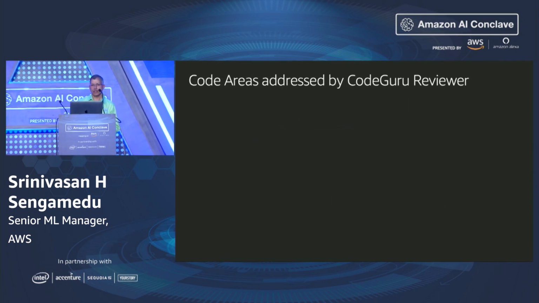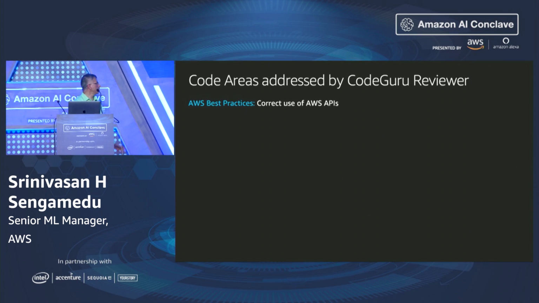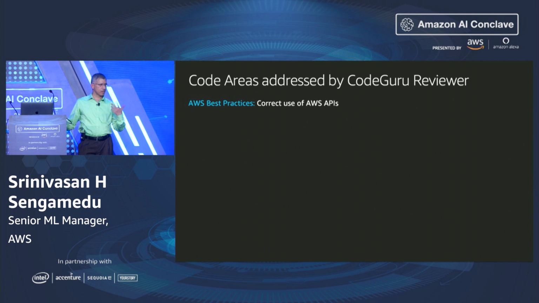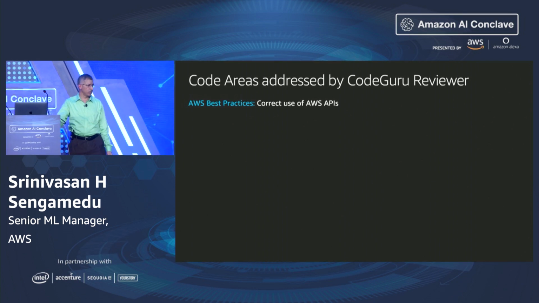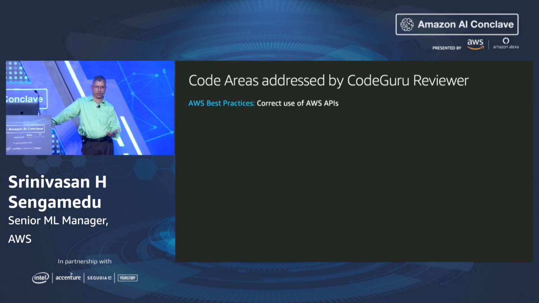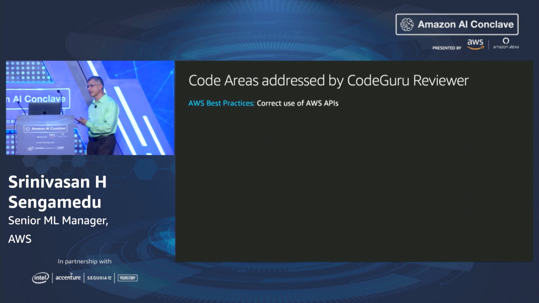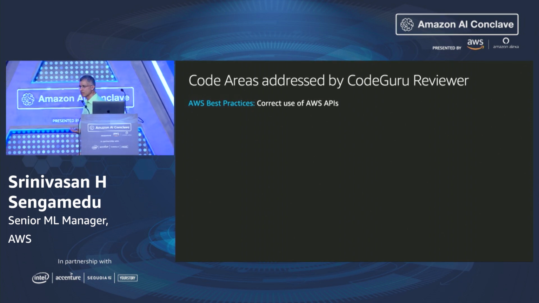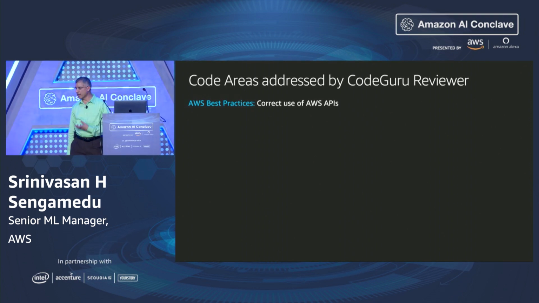Now that we have seen how it plugs in, let's look at the code areas addressed by the CodeGuru Reviewer. The first one is AWS best practices. Several of us here use AWS, and AWS has hundreds of services, and these services have tens to hundreds of APIs, and these APIs have certain nuances which developers may not always be aware of.